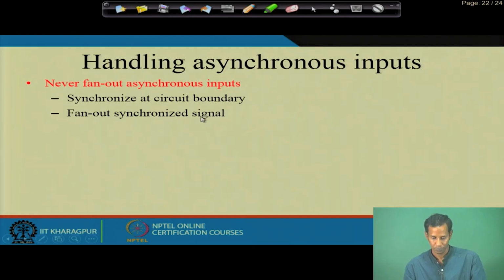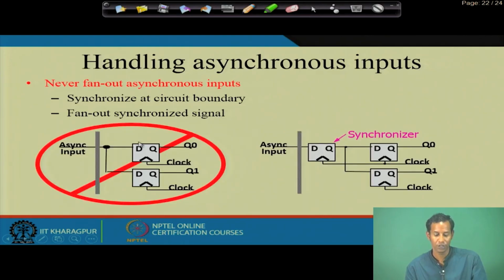Okay. So, how to handle the asynchronous inputs: never fan out asynchronous inputs. Synchronize them at the circuit's boundary and then fan out the synchronized signals. Suppose we have two D flip flops and the asynchronous inputs are coming in.